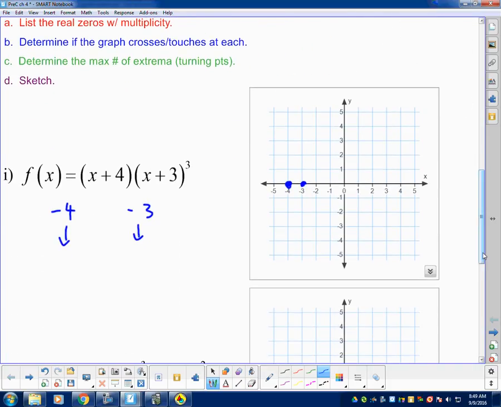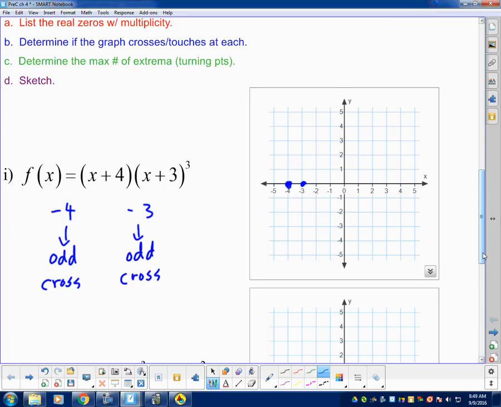So going back here, is this an odd or even multiplicity? Odd. And then the other one is also odd. Okay. So then determine if the graph crosses or touches at each. So if it's odd, it's going to cross. So it's going to cross through at each of those. And then determine the max number of extrema, the number of turning points.